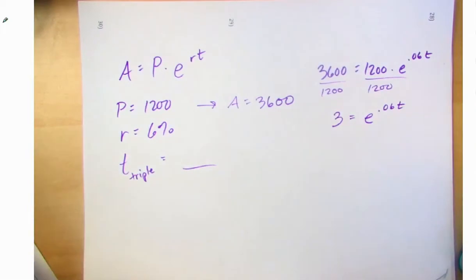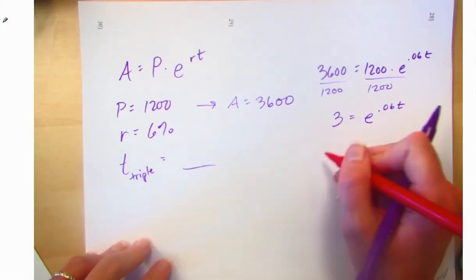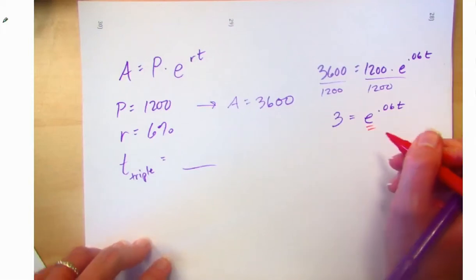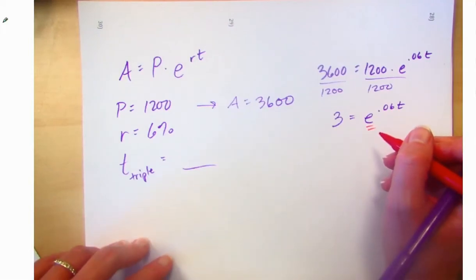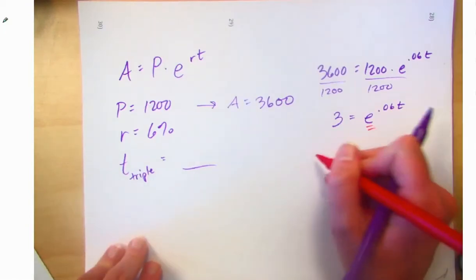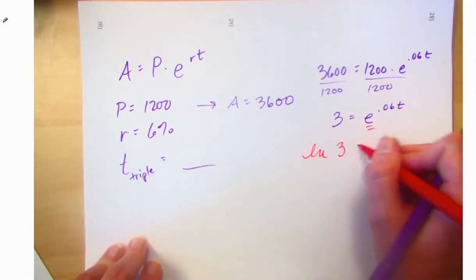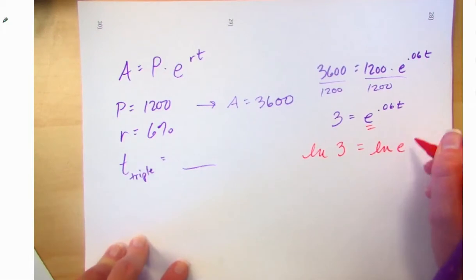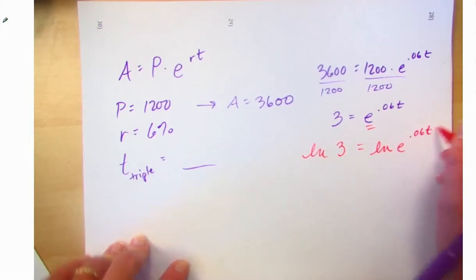So, once again, Emily, we are going to undo an exponent with a logarithm. They're inverses of each other. So in this case, I'm choosing specifically the natural log because I want to help myself by getting rid of that e. The natural log of 3 equals the natural log of e to the 0.06 t.